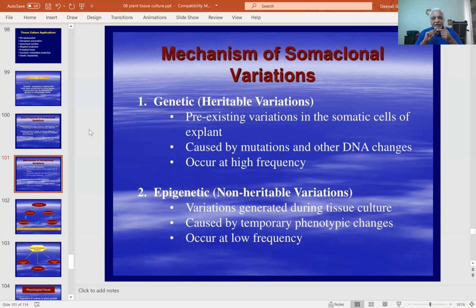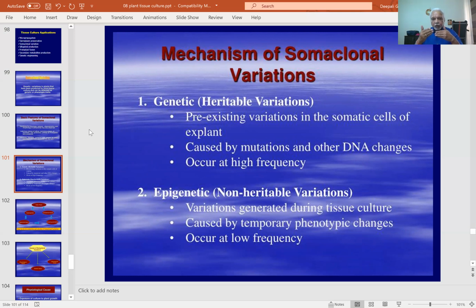Then the second source is the epigenetic or non-heritable variations. These non-heritable variations are created during the tissue culture technique, and they cause a temporary phenotypic change, and they occur at a low frequency.